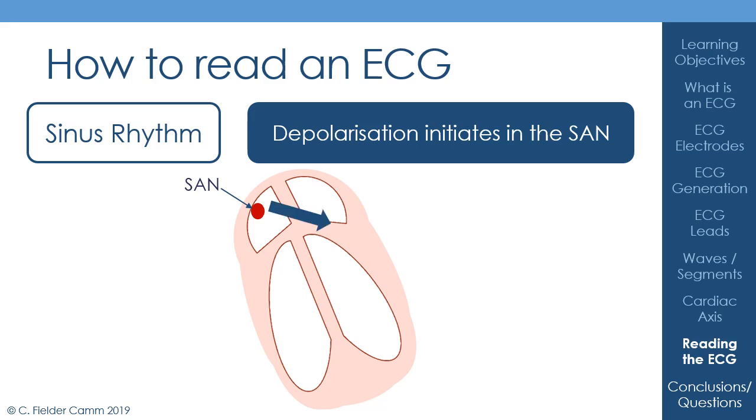And we can see that with this arrow here. And the ECG lead that's looking towards that bottom left is lead 2. And so we say that for it to be sinus rhythm, the P wave really needs to be positive in lead 2. And so that's something that you should look for when you're going to comment on whether you think this is sinus rhythm. So not only should P waves precede each QRS complex, but the P wave should be positive in lead 2.